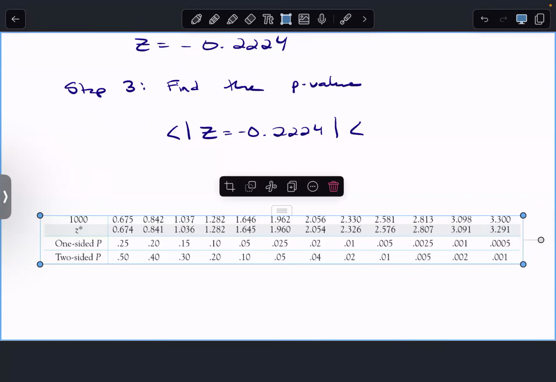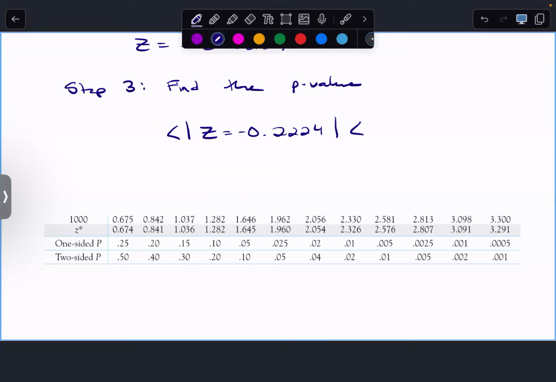This is one of those cases that kind of confuses people because the absolute value of negative 0.2224 is very, very small, right? In fact, it's somewhere between 0 and 0.674. The one-sided p-value for 0, just the area in one of the tails, is 0.5.